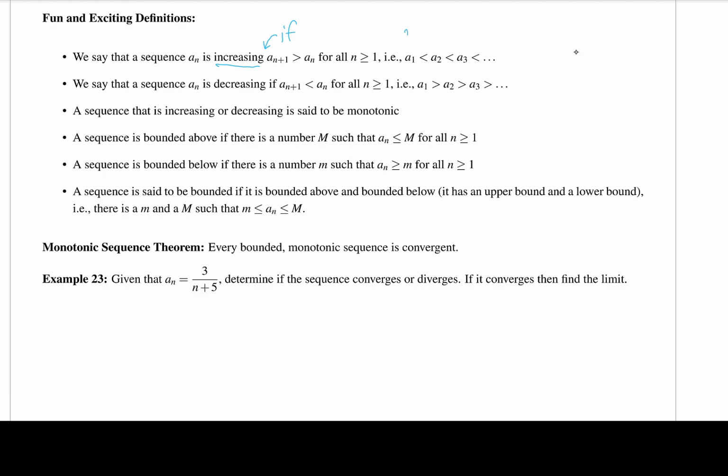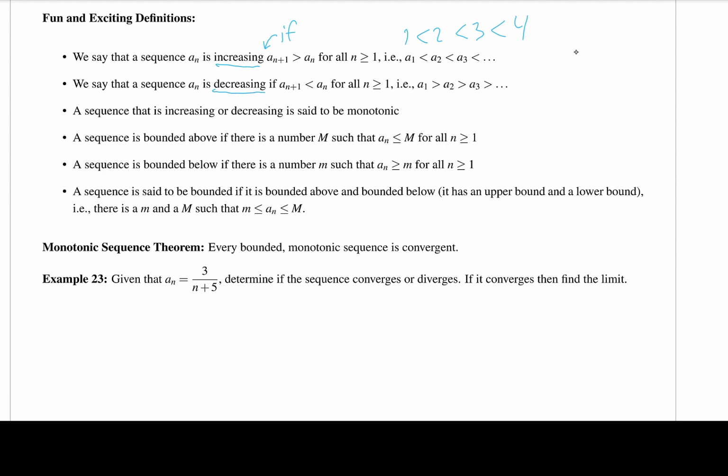So an example of something like this is 1 is less than 2 is less than 3, right? My terms just keep on getting bigger every time. And so if they're always getting bigger from one term to the next for every term in the sequence, then we say it's an increasing sequence.